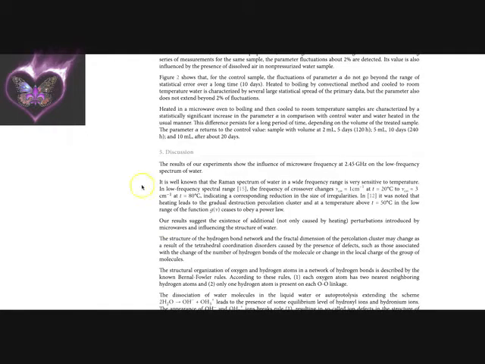Low frequency Raman spectra provided information about the structure of the pseudopolymer network of liquids with hydrogen bonds. The results of our experiment show the influence of microwave frequency at 2.45 gigahertz on the low frequency spectrum of water. It is well known that the Raman spectrum of water, in a wide frequency range, is very sensitive to temperature.